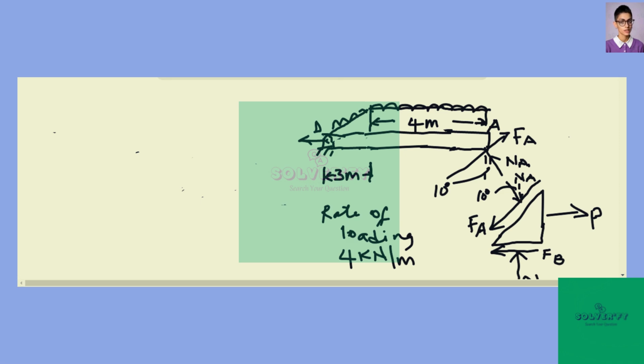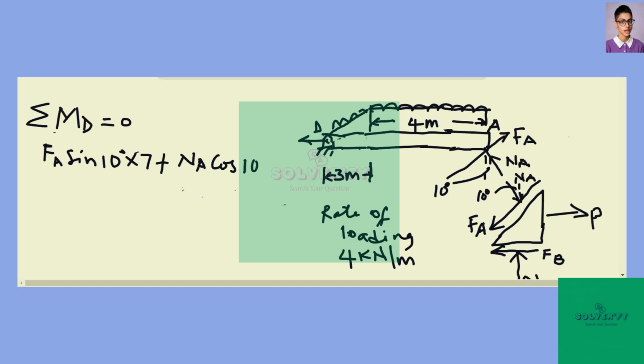The summation of moments about D is equal to 0, so that we have Fa, the frictional force at A, times sine theta, which is sine 10 degrees, the inclination there, times 7, the distance, plus the other force Na, the normal reaction at A, cos 10 degrees, distance is still 7, minus the distributed load.